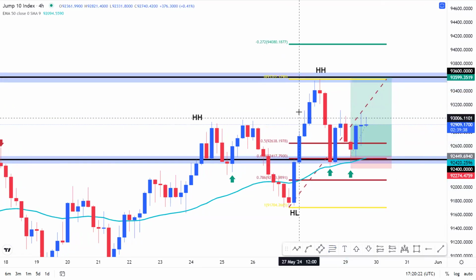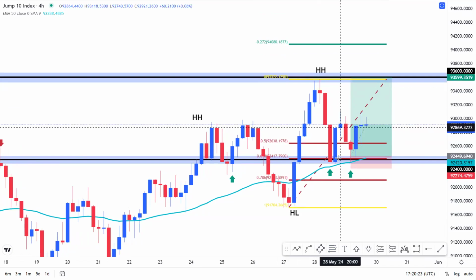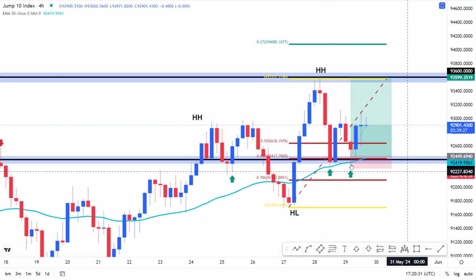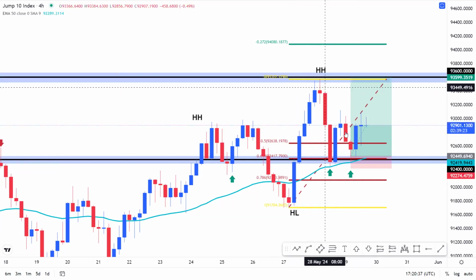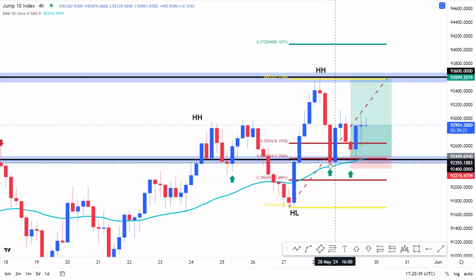Now you clearly see, not only are we seeing the pullback coming into a structural level, being the level of support, the 92,400 psychological round number, but also, introducing the Fibonacci retracement tool, we're seeing the pullbacks coming into the Fibonacci golden reversal level, the 61.8 reversal level, present at the very exact same area.